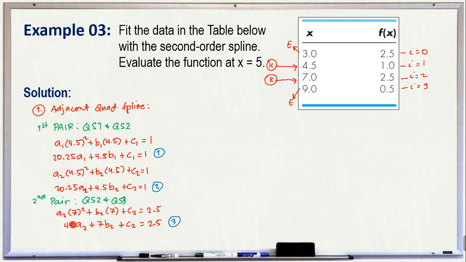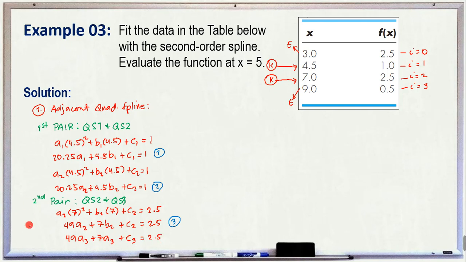The same way, no? Para largo-largo na mo. So, since they are the same ilang x ug y, nag-differ lang sila sa notation. So, for quadratic spline number 3, 49 na gyapon, 49, pero a sub 3 na lang. Plus 7, b sub 3 na lang po. Plus c sub 3 equals, parehas gihapon y, 2.5.